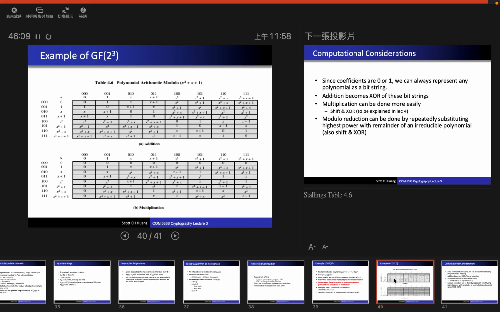Okay? Let's switch to another view here. So what is GF8? Here it should be very clear that GF8 is, first we have to have an irreducible polynomial. This irreducible polynomial is x cubed plus x plus 1.